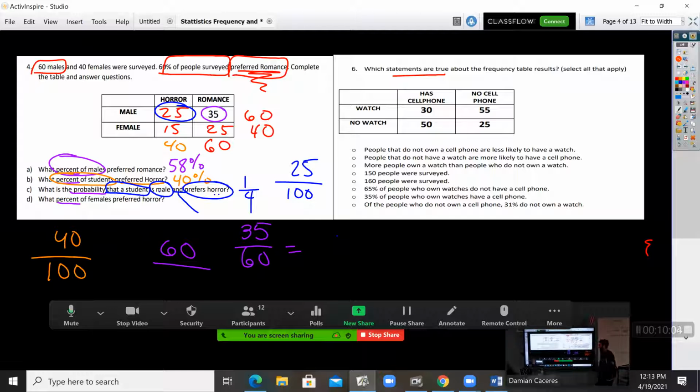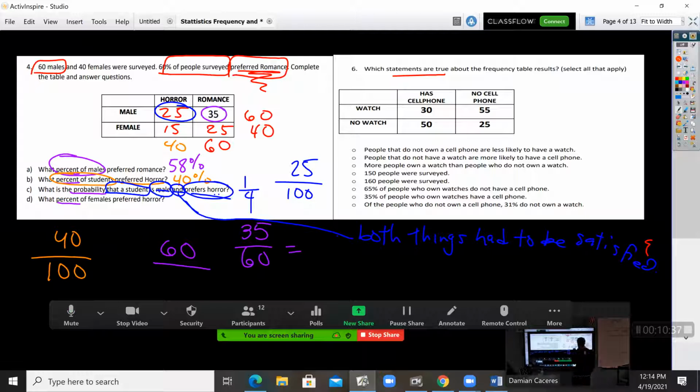Now, before we do question D, look up here at the board. This is important. If you see the word and, then both things have to be satisfied. What does that mean? That means you can only pick the number from male that prefers horror. Both things have to meet up to get one value.